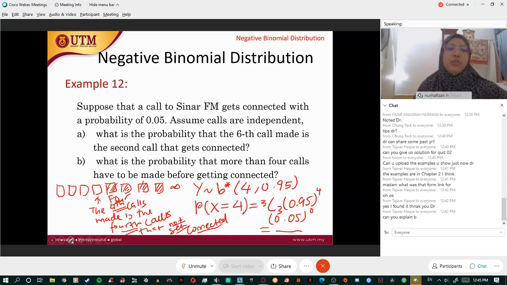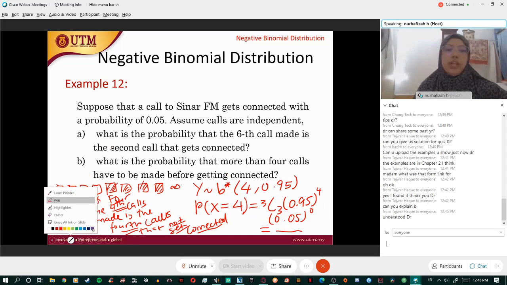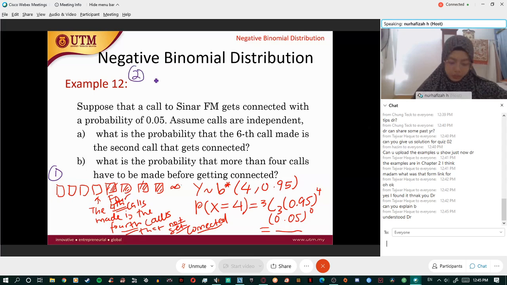So we have two methods to do this example 12B. The first method is this one. The second method is you can also do P(X > 4). I use X because the distribution for X is different, so X follows a negative binomial with r = 1 and p = 0.05.